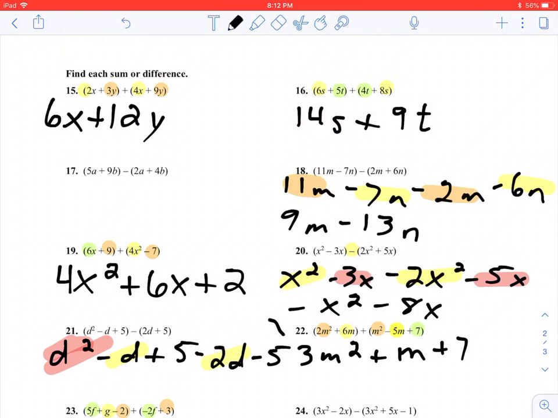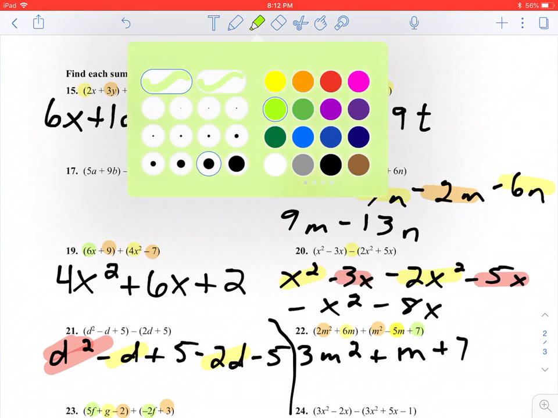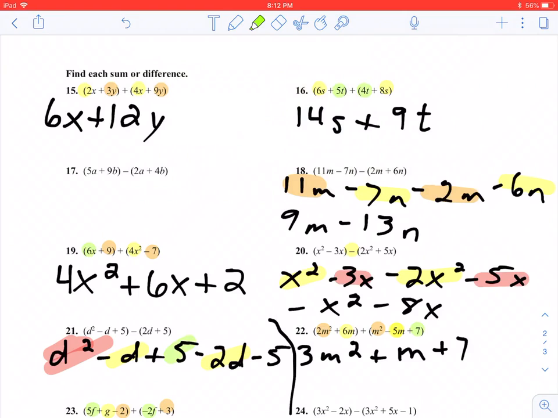And then I'm going to draw a line right there so we don't get those mixed up. And then looking at the constants, we have a 5 and a negative 5. So the d squared doesn't have a like term to combine with, so we're just going to write d squared. And then we have negative 1 minus 2, which is negative 3d. And then 5 minus 5 is 0. So there is your solution to that one.